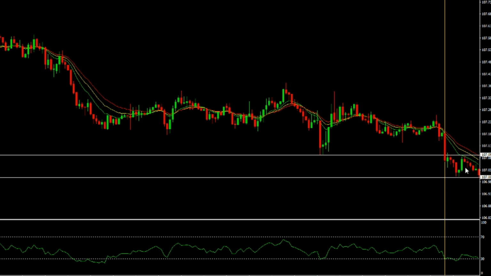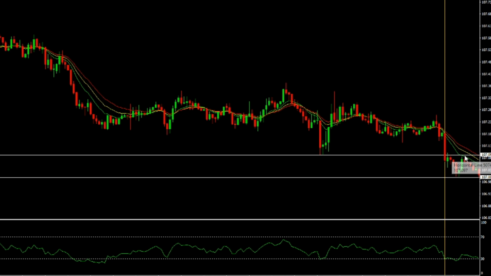Maybe you will ask this question: why don't we just put our execution from this level instead of here? Because there are times that the price did not bounce, or the price didn't fall back. It continuously goes up.